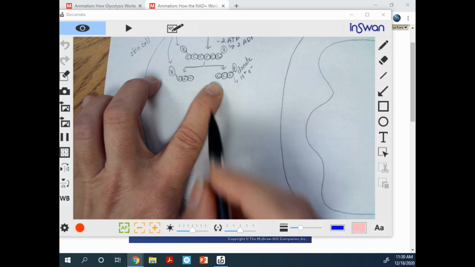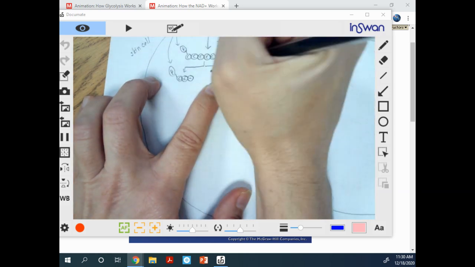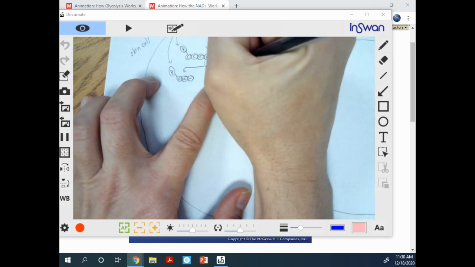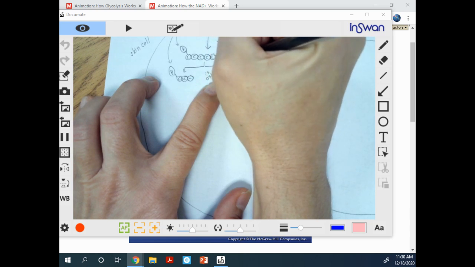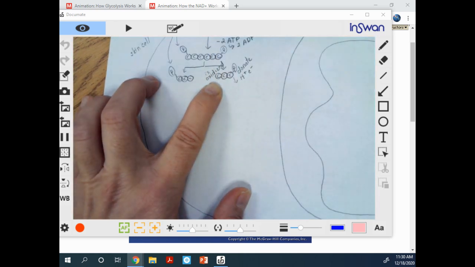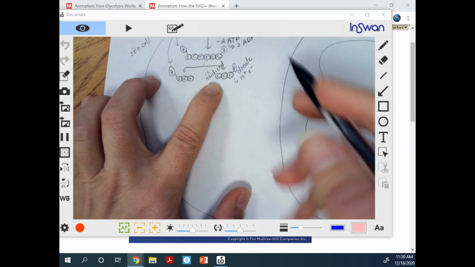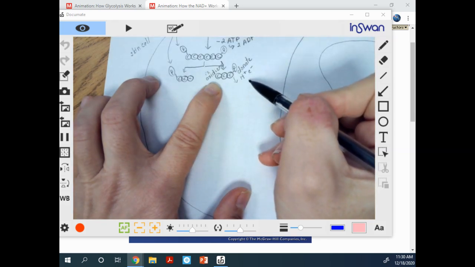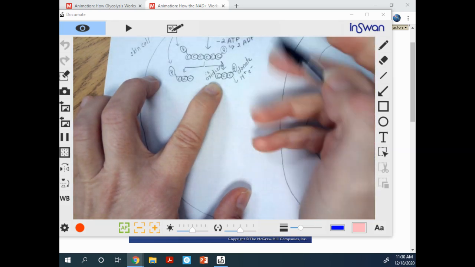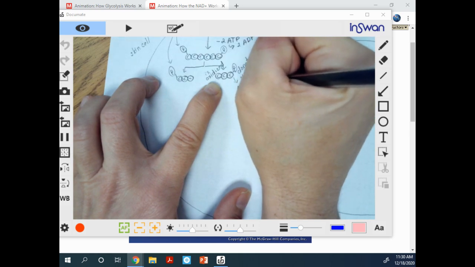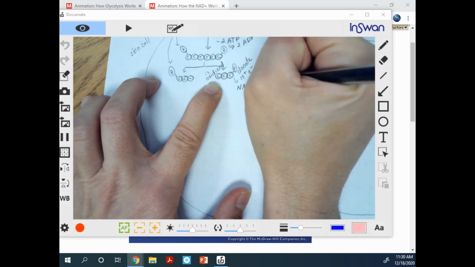So we're saying that that intermediate is oxidized. That molecule is oxidized, which means that it's releasing a proton and electron and it has to put it on another molecule. And here comes the bus that it's going to load up.